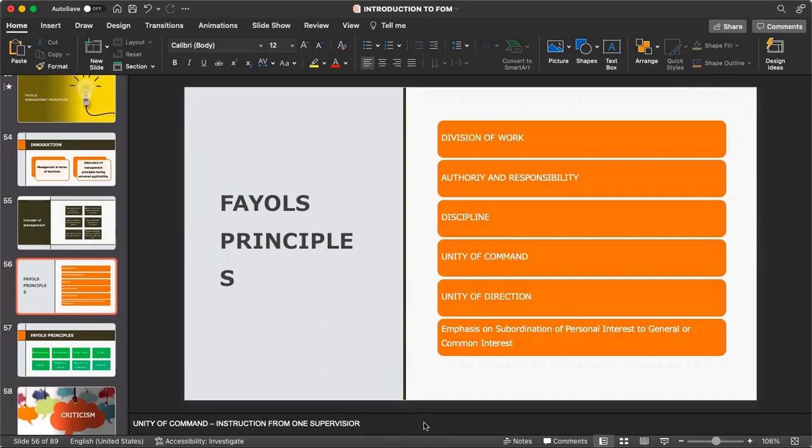That is unity of command: instruction from one supervisor only. Is this clear?